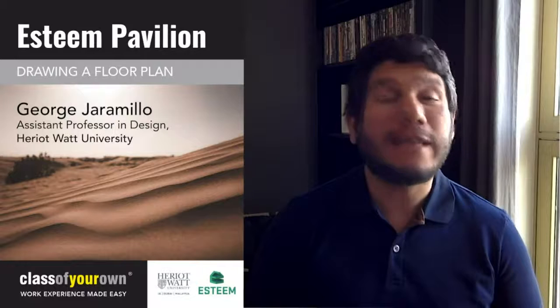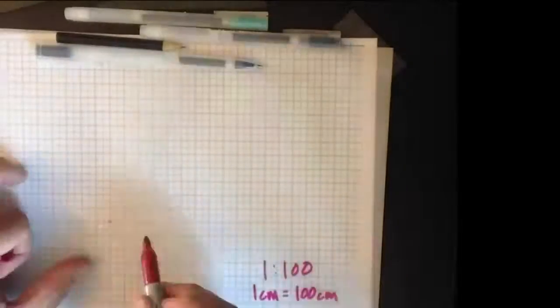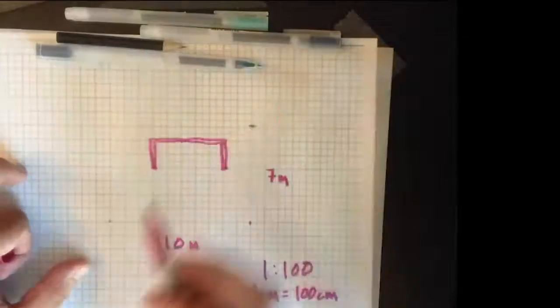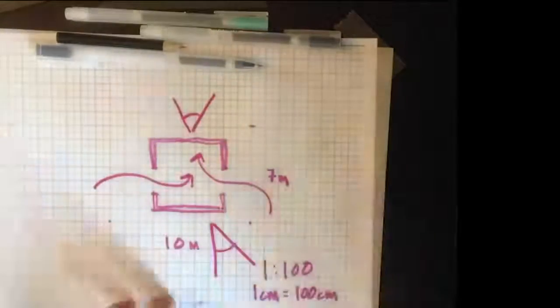With these two key skills in place of scale and cut plane, you are now able to start to draw your own floor plan, whether it be for an object, a piece of furniture, or for the pavilion that you are drawing.